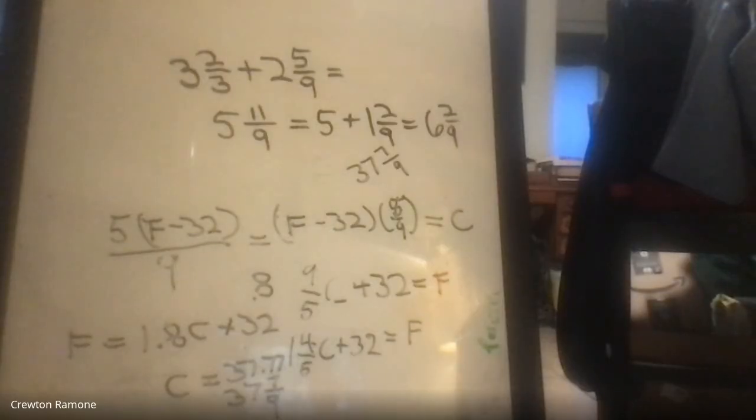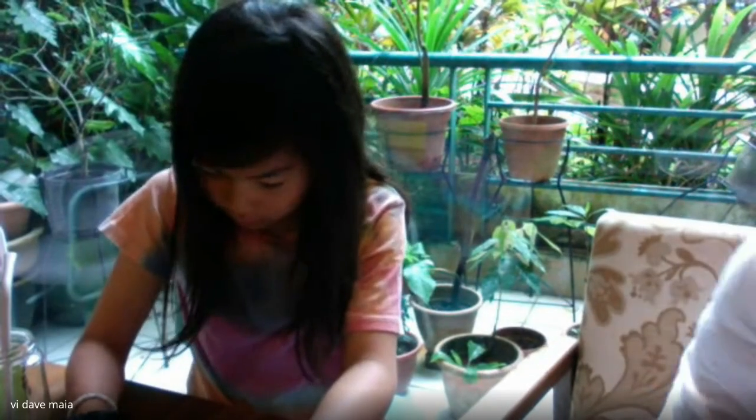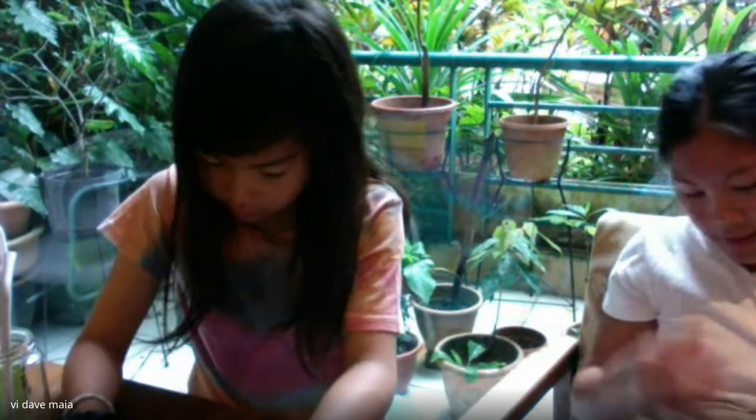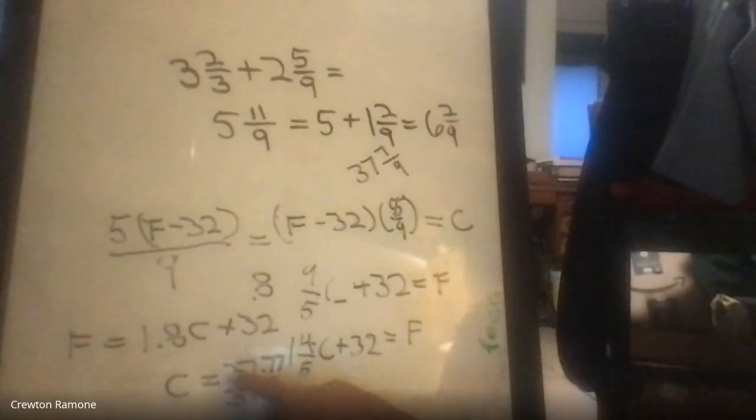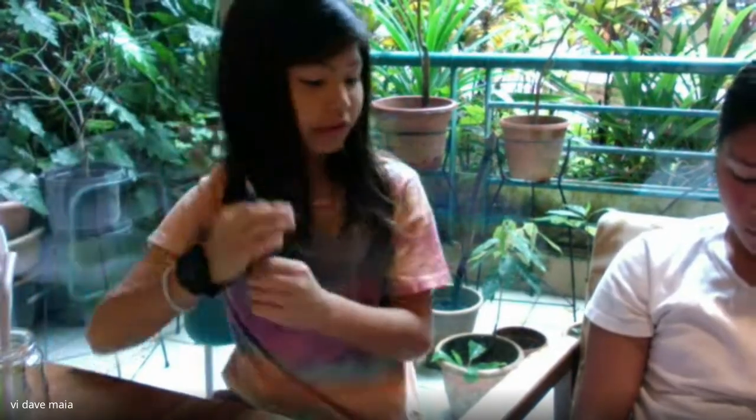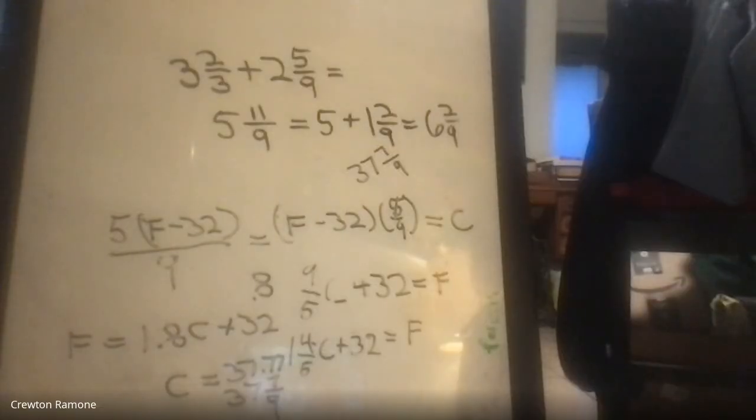Or you could just, like I said, multiply by 0.8 and add it to the 37.77, because you already know what 1 times 37.77 is. So, David, you just got to multiply: 8 times 3, 8 times 7, 8 times 7, 8 times 7, and add them all together. And then don't forget to move your decimal place over.